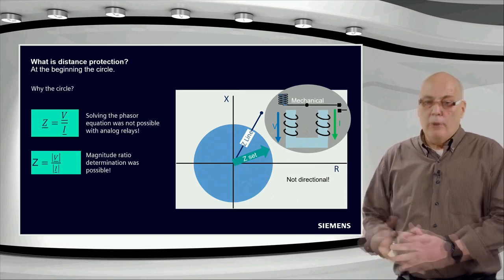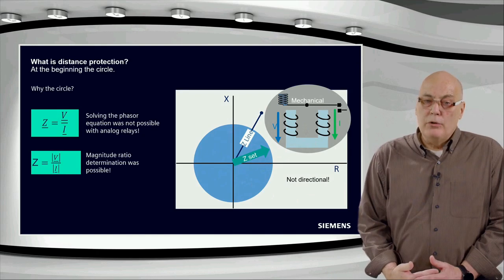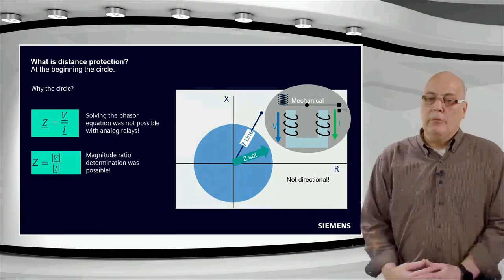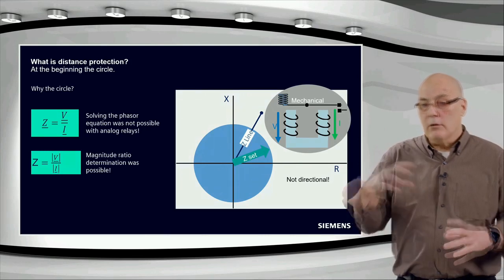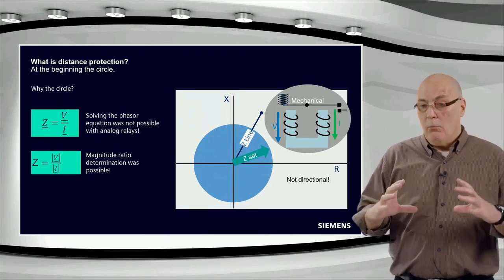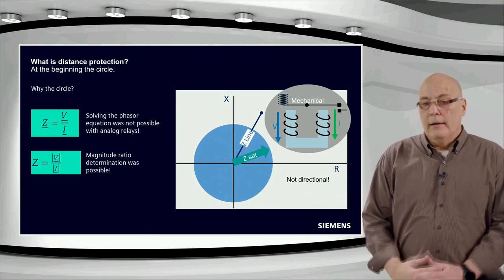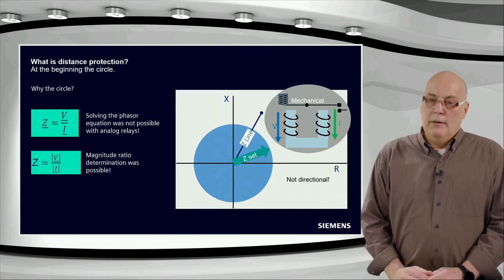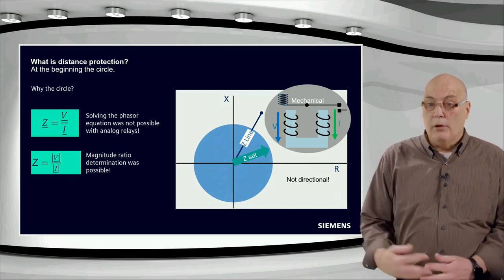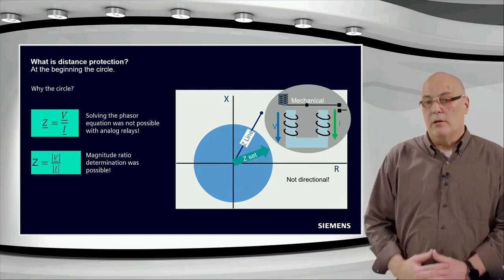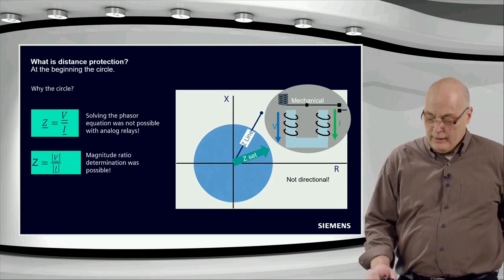And at the bottom is the magnitude. You simply, like an electromechanical relay, would have a magnitude response and only give you a circle. So you would not know where in the circle the impedance is, but you know it's somewhere inside the circle or outside. It is not directional. This is obviously a big constraint, because if we don't know if the fault is forward or reverse, then in terms of selectivity, we have a big problem.